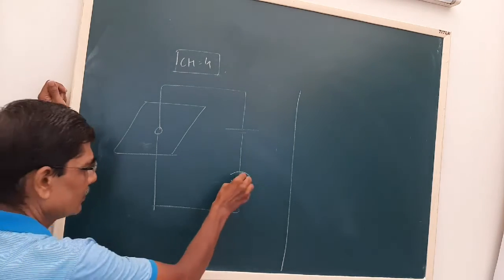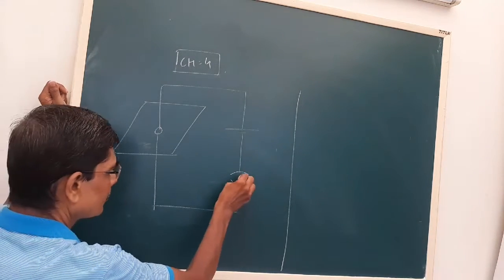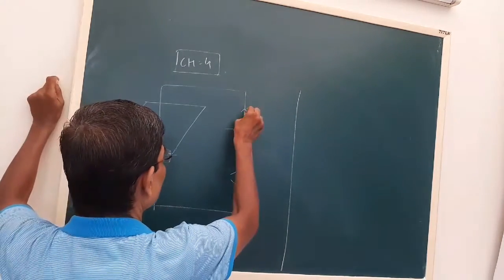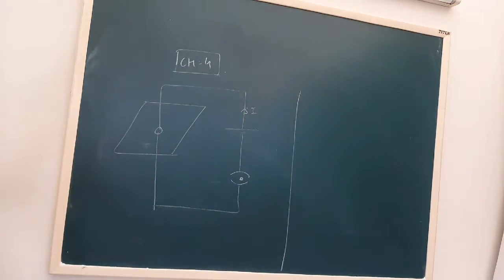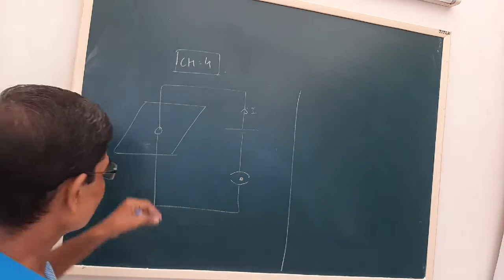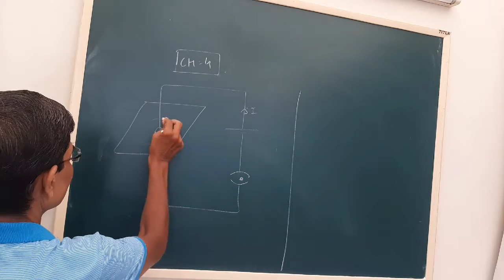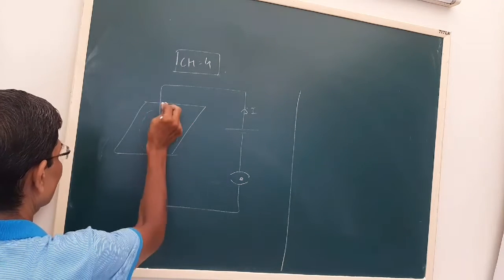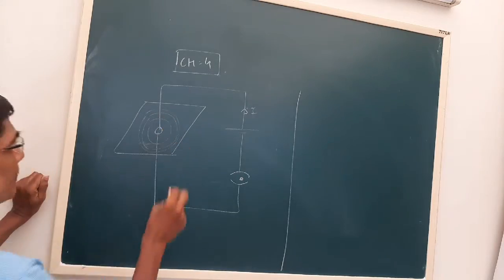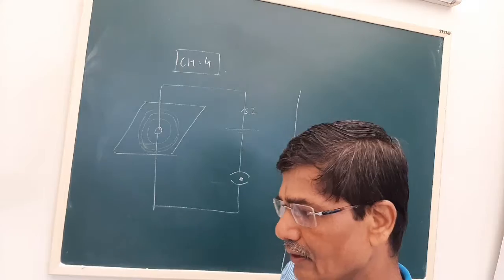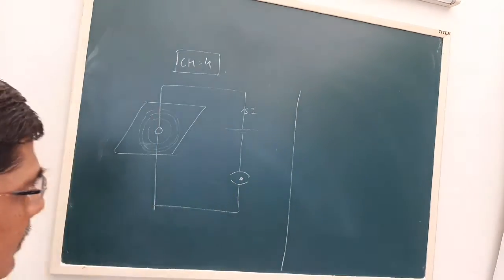When the circuit is completed, the current will flow and magnetic field will be produced. Suppose you sprinkle iron powder on the cardboard, it will be arranged in circular lines like this. So this is how you studied regarding the magnetic field of a current carrying conductor.